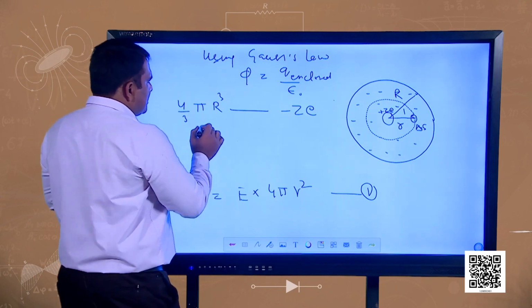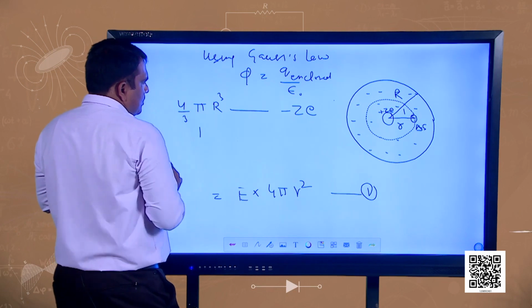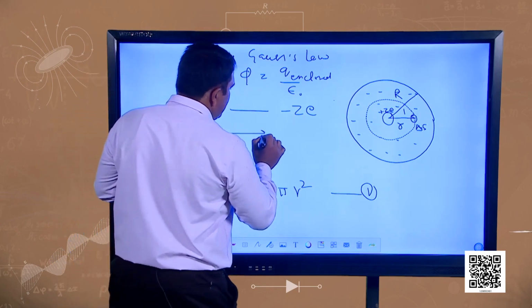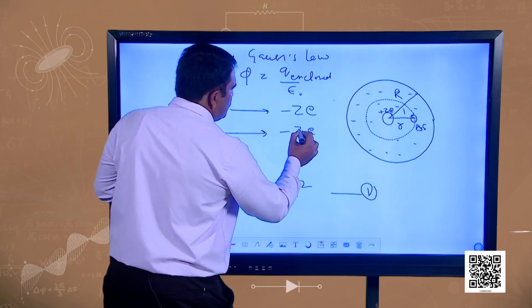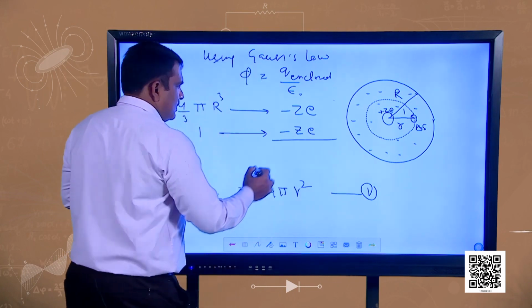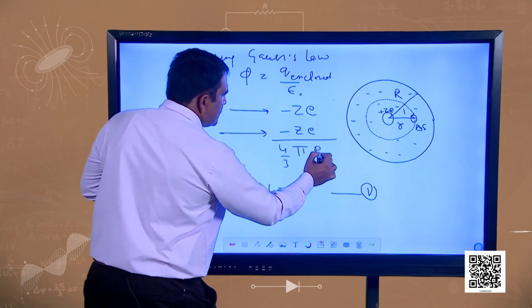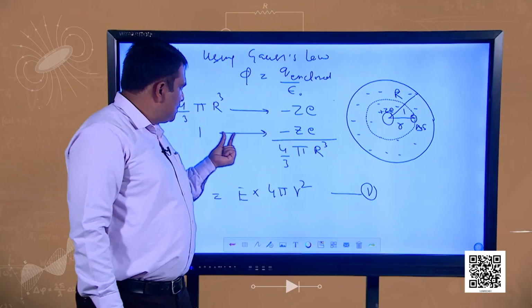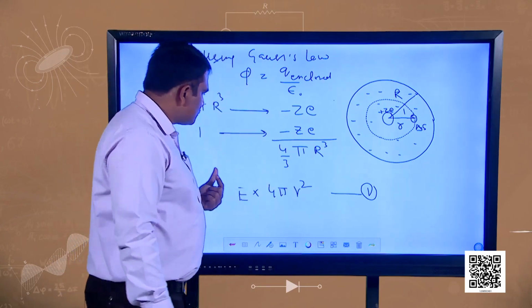So negative charge present in unit volume should be found using the unitary method that you have learnt in your primary classes. This is the total negative charge which is present in unit volume.